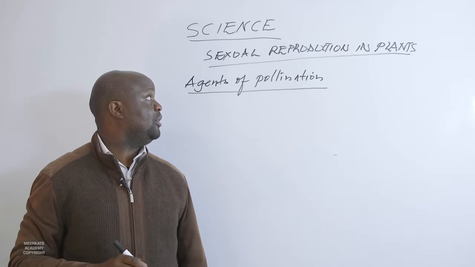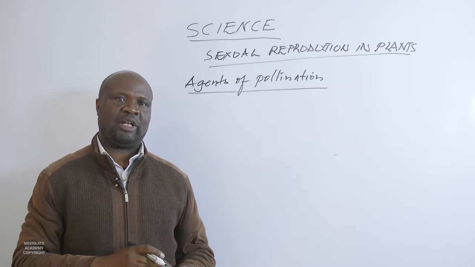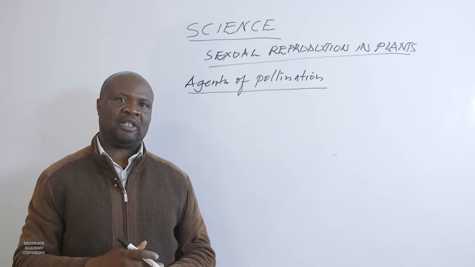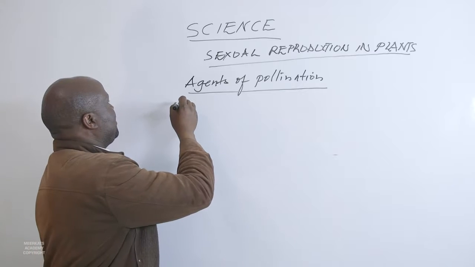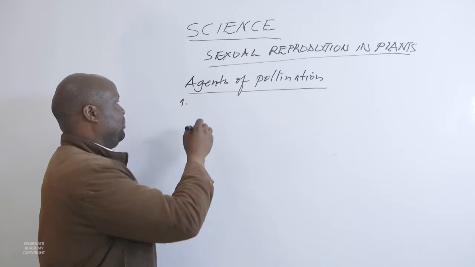We know pollination assists in the fertilization and reproduction of new plants. The first agent of pollination we can talk about is the animal.